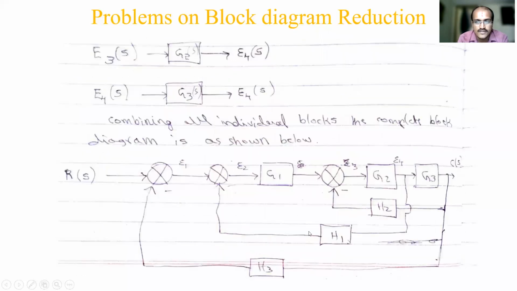So only one is from E4 and two are from C of S. So you can take the first summing point very outside, that is C of S. Then E3 also you are getting from C of S, that's why H2. And only for E2 you are getting from E4. So this is your block diagram now.